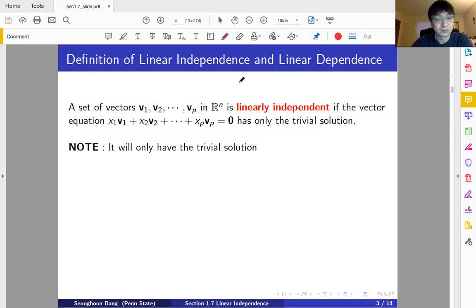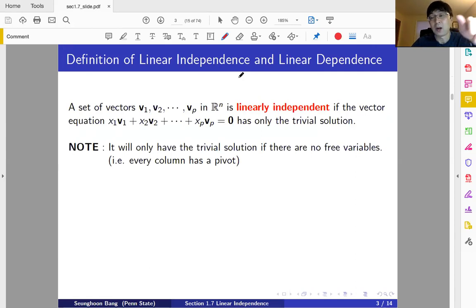Note, it will only have the trivial solution if there are no free variables. That is, every column has a pivot. This part is exactly the same as the previous section, section 1.5.